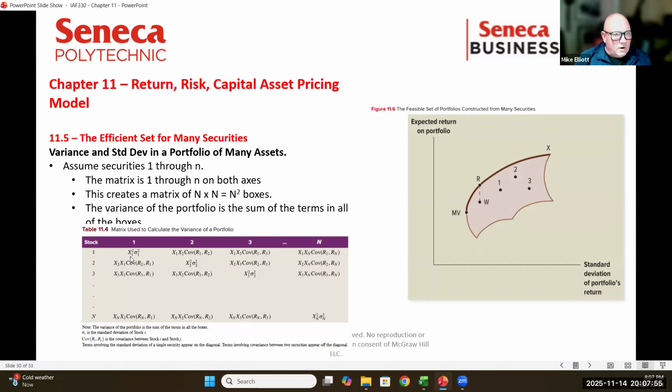Sigma squared 1 is going to be the same all the way across. X1, X2 Cov(R1, R2) is exactly the same as X2, X1 Cov(R2, R1). These ones are always going to be the same.